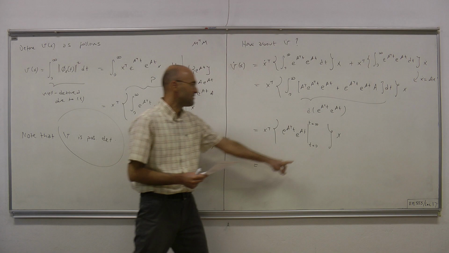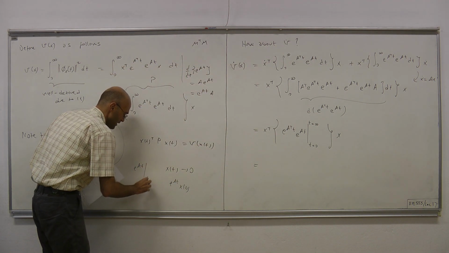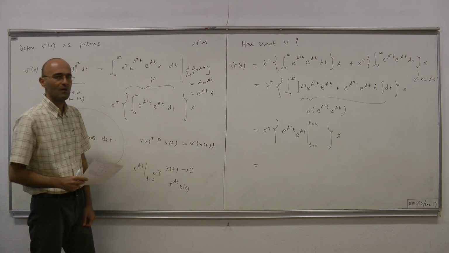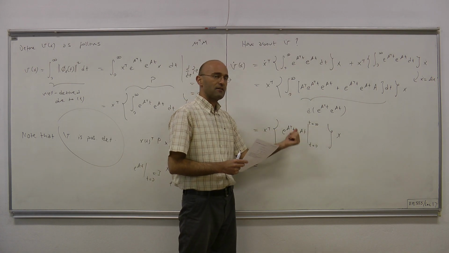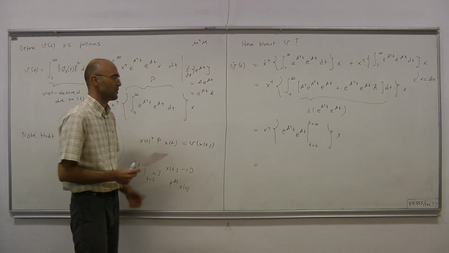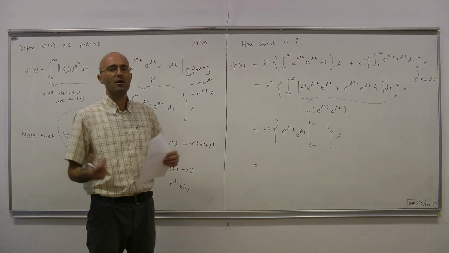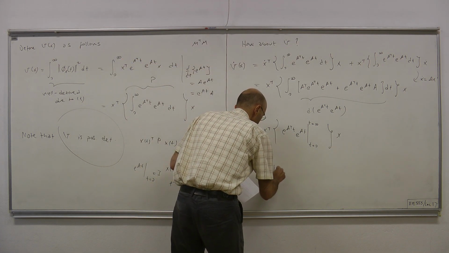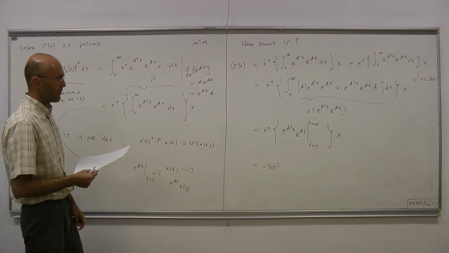And at t equals 0, again by the property of the state transition matrix, it is the identity matrix. Therefore, this integral gives us zero matrix minus identity matrix, which is minus identity matrix. And then we have x transpose times minus identity matrix times x, which is no other than minus x transpose x, or minus norm of x squared.